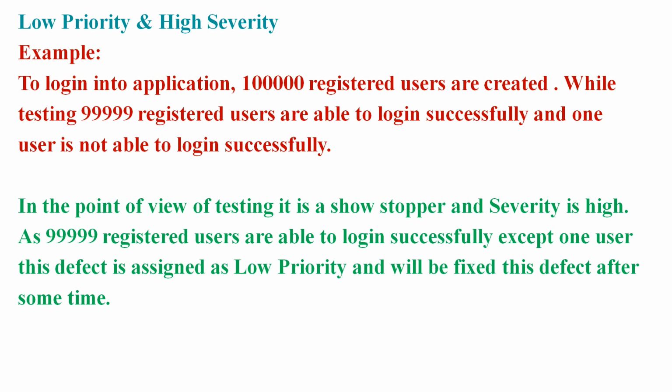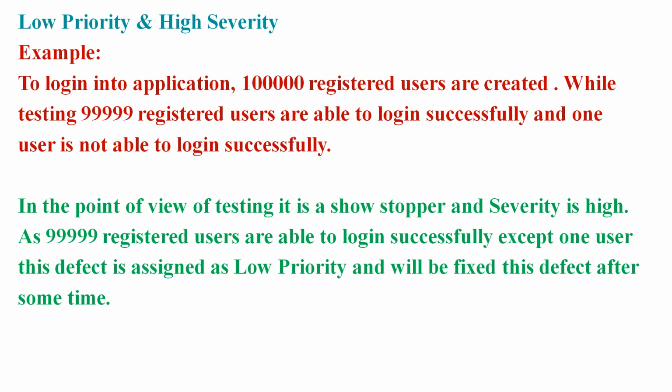After registering, now the concerned software testing team is testing this login functionality. While testing this login functionality, out of 1 lakh registered users, please keep in mind, this particular application is under testing only, right? Out of this 1 lakh registered users, 99,999 registered users are able to log in successfully into that particular application.